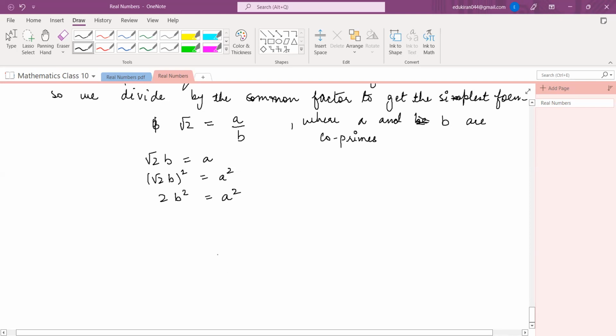So 2 is a factor of a square. So this implies that 2 divides a square. Okay. So by theorem, 2 also divides a. The theorem we have studied just now. So 2 also divides a.